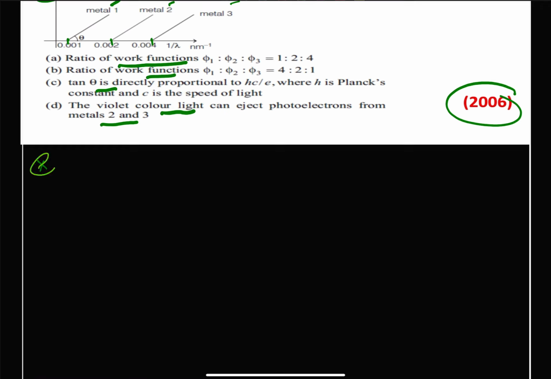So we can say stopping potential in terms of inverse wavelength.